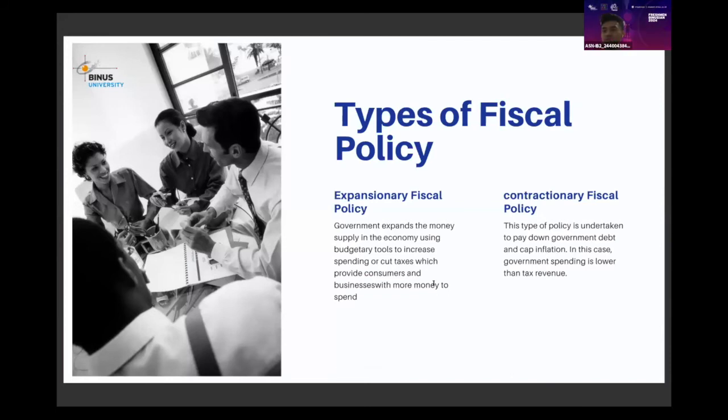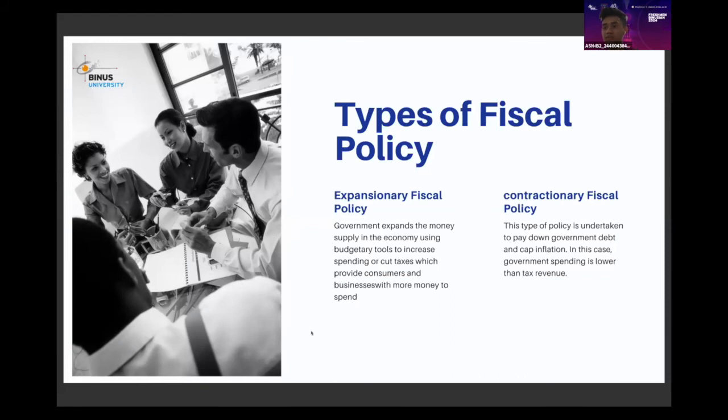So fiscal policy has two types, which are expansionary fiscal policy and contractionary fiscal policy. First of all, expansionary fiscal policy is when the government expands the money supply in the economy using budgetary tools to increase spending or cut taxes, which provides consumers and businesses with more money to spend.